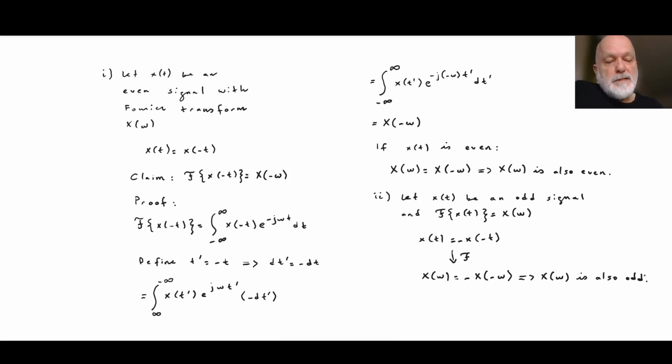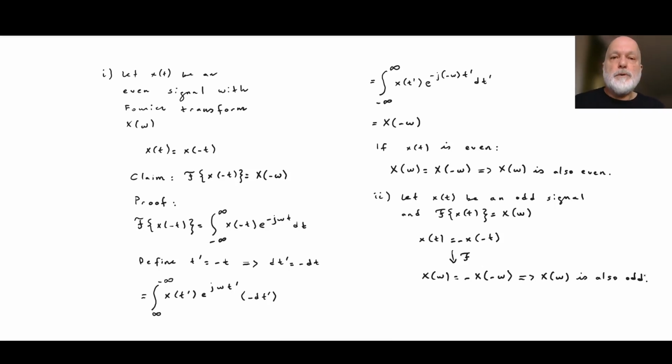Now, up to this point, we have assumed that x of t is a general signal, but its Fourier transform exists, but it can be real valued or complex valued. Now let us see the case when x of t is real valued.